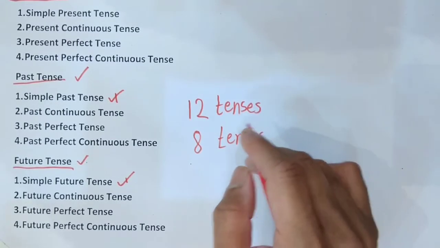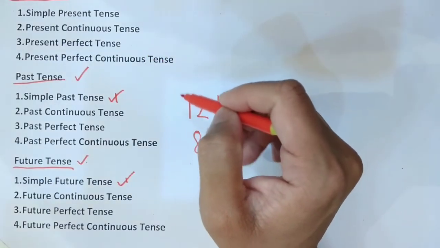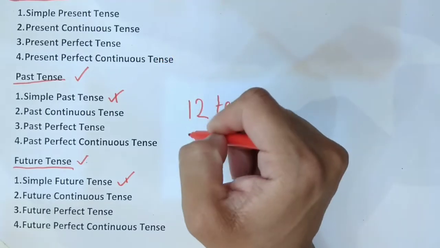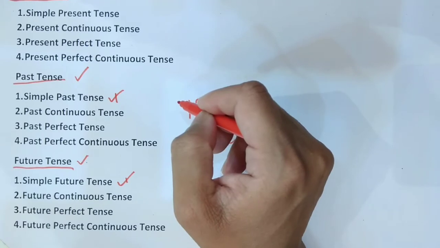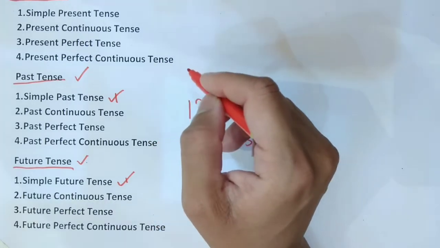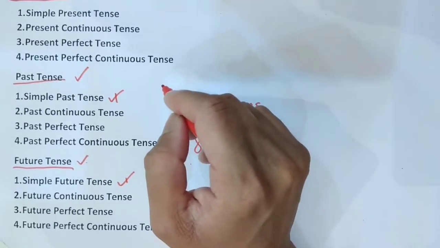So which are these 8 tenses, the sentences of which we can convert from active sentence into passive sentence? And which are the tenses, the sentences of which we cannot convert from the active sentence to the passive sentence?